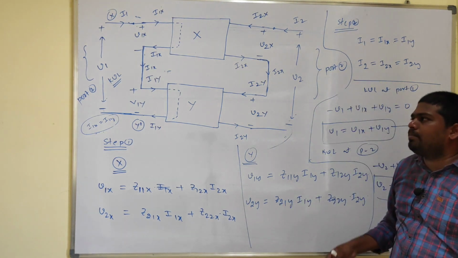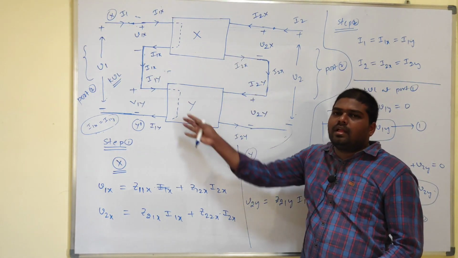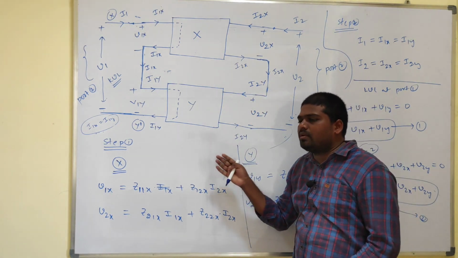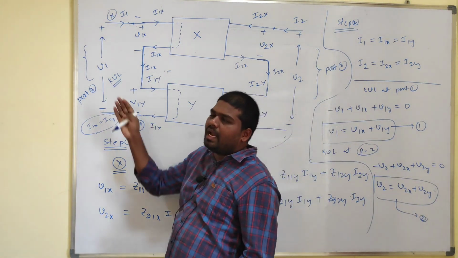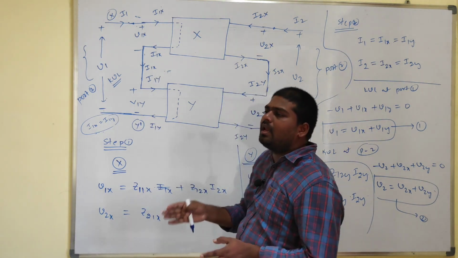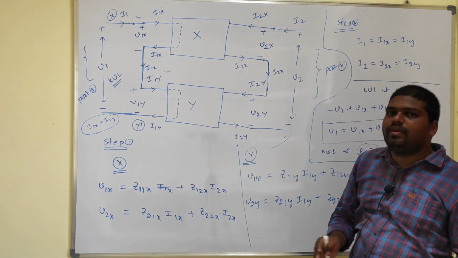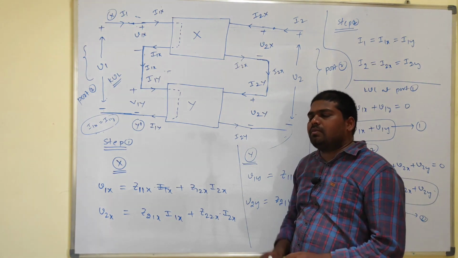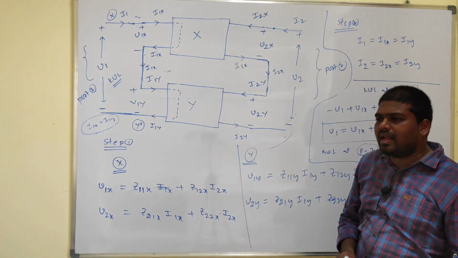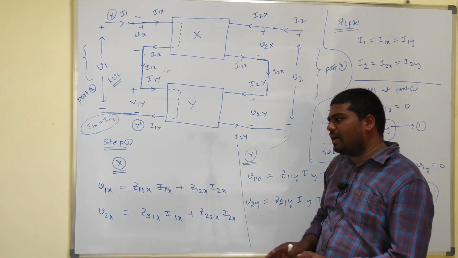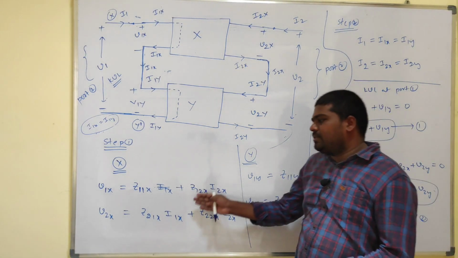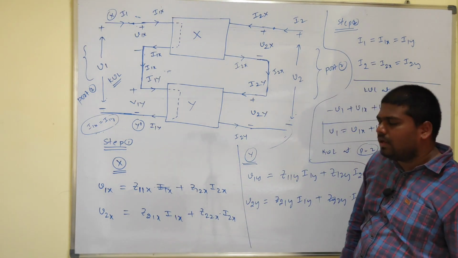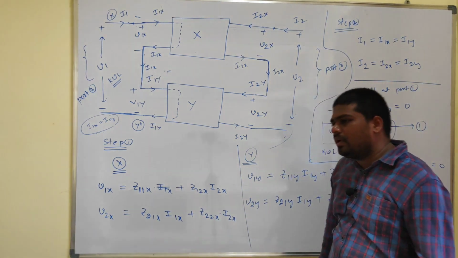Because we derive the parameters for this entire series interconnection of the two-port network, whose variables are V1, I1 and V2, I2. So the final outcome will be in the form of V1, I1, V2, I2. For that we need to convert the entire expression in terms of V1, V2 and I1, I2. So now, the next step.